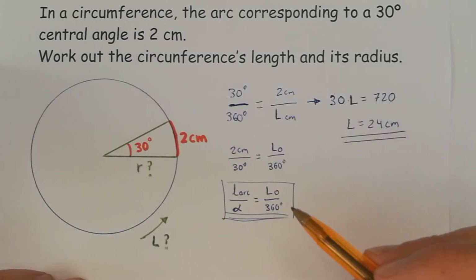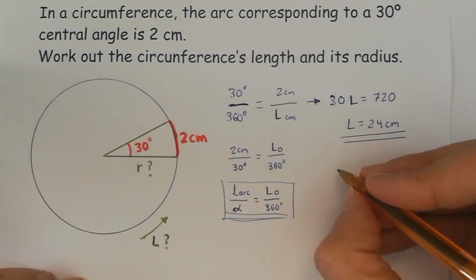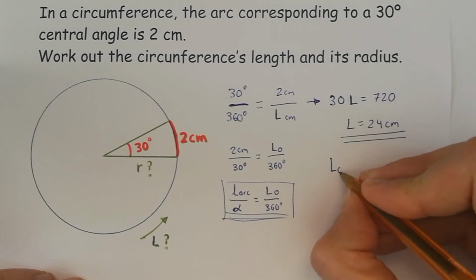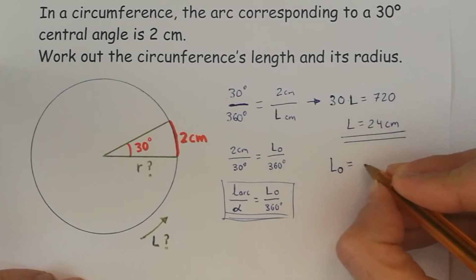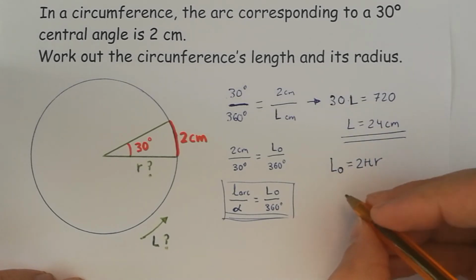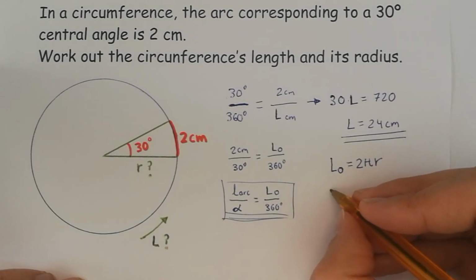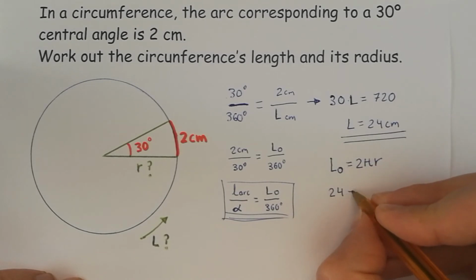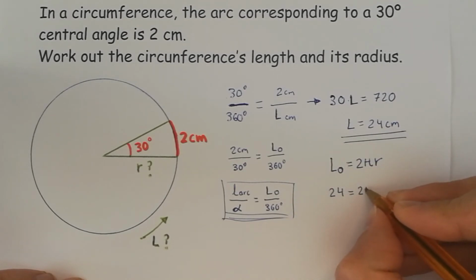And then we want to find the radius, so we know that the length of a circumference is going to be 2 times pi times r. So in our case, 24 is going to be 2 times pi times r.